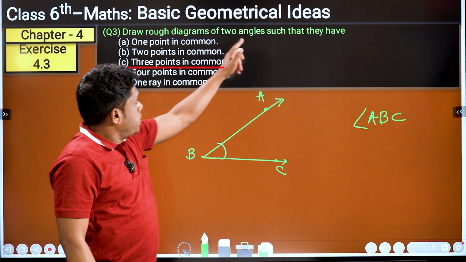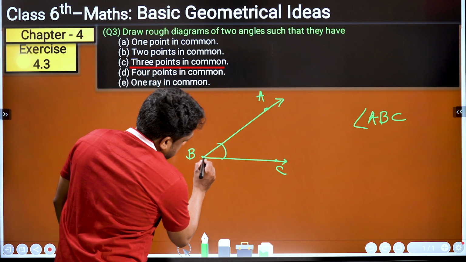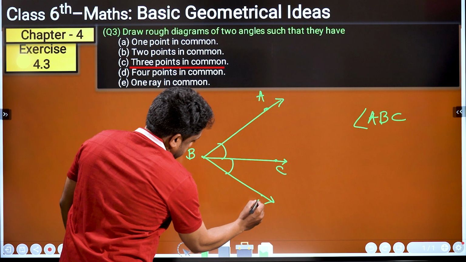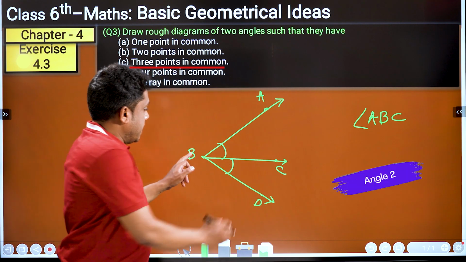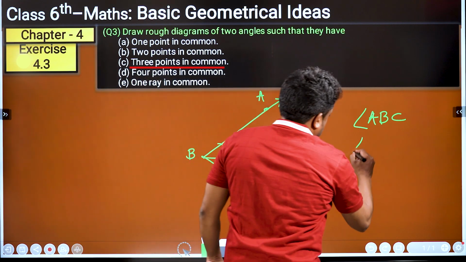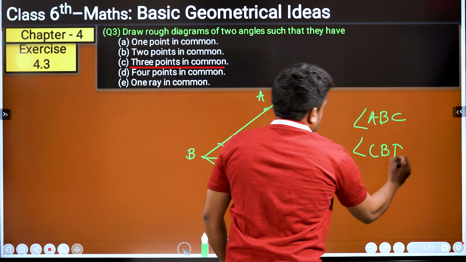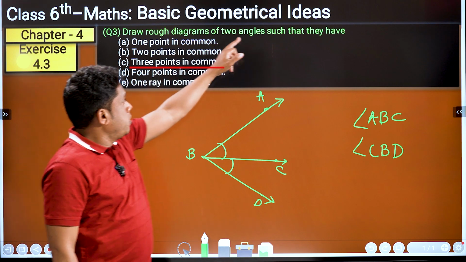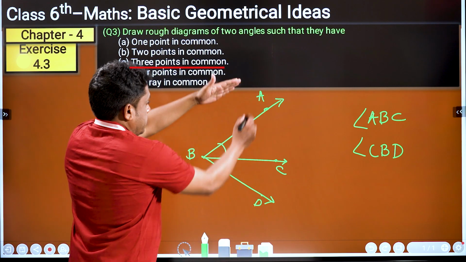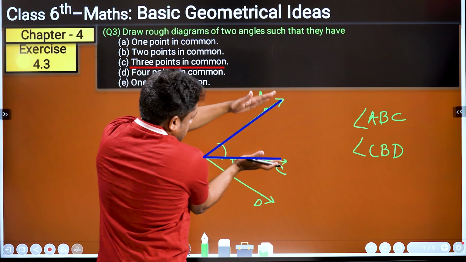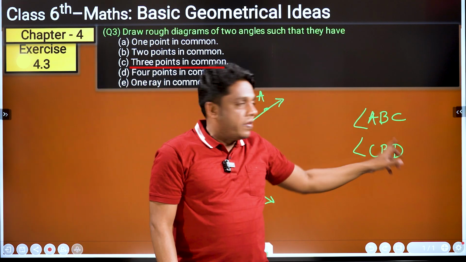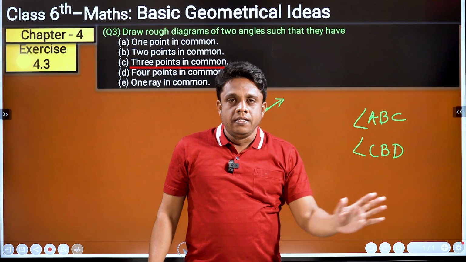We should draw two angles, right? So I will draw another angle like this. Now this angle is CBD. Now we have drawn two angles. ABC is the first angle and CBD is the other angle. That's what we have written here, angle ABC and angle CBD.